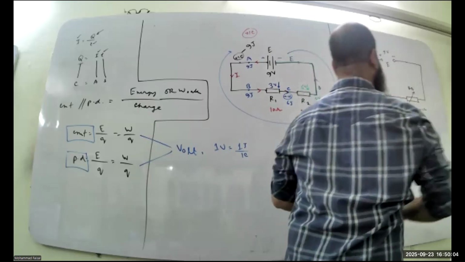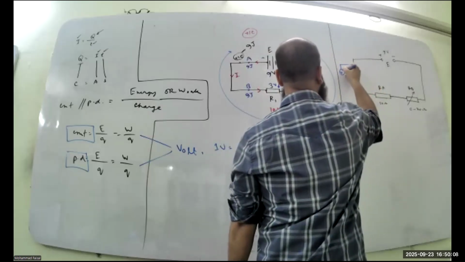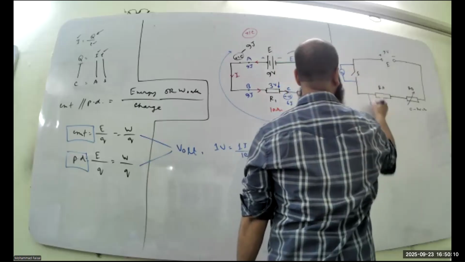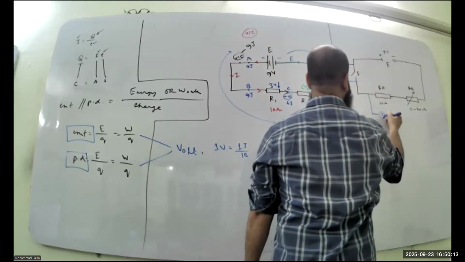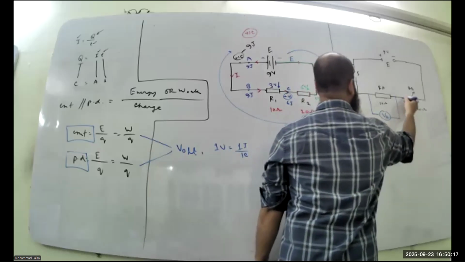Now, intentionally, we have connected 3 voltmeters over here. VS, VA, and then VB.